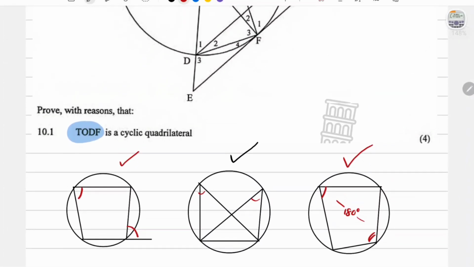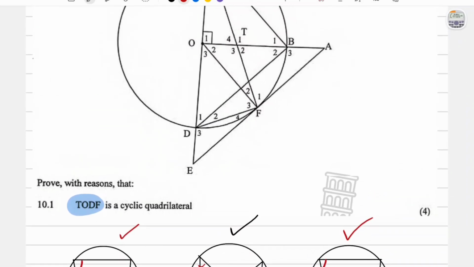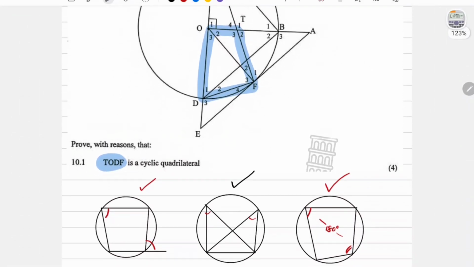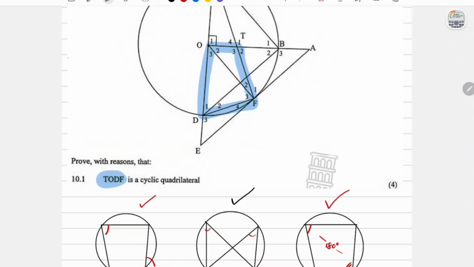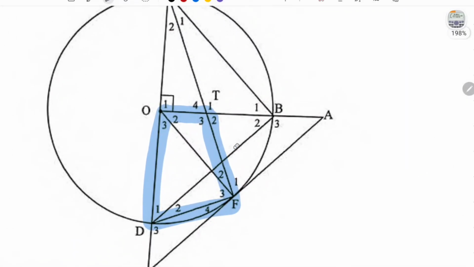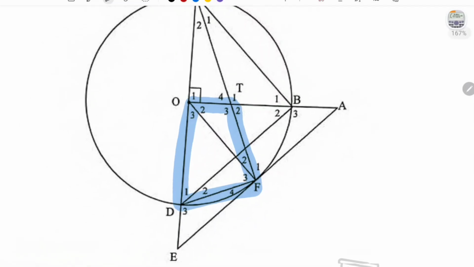So let's look at TODF and see which way would suit that shape. Now, I'm already going to cross this one out. I saw lines going nicely across and thought maybe we can use that, but that line is the only one connecting the 2 points on that quadrilateral, so definitely not.